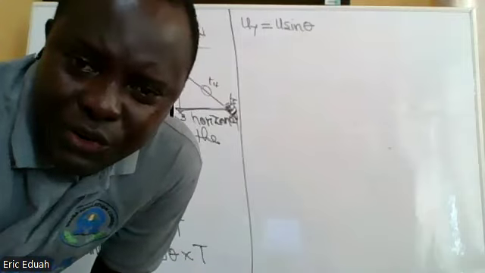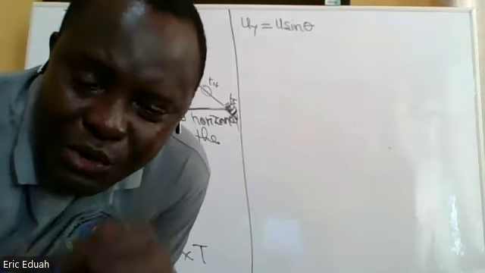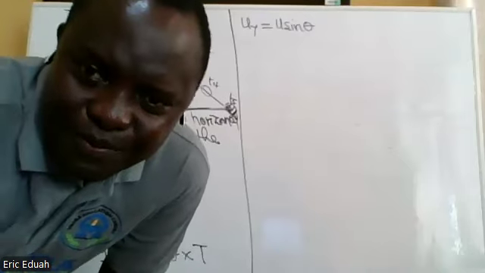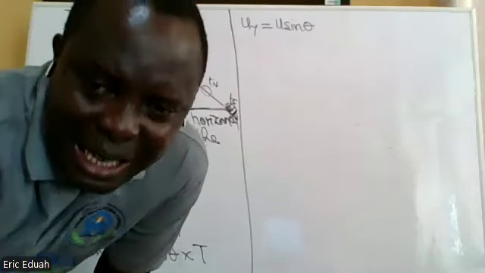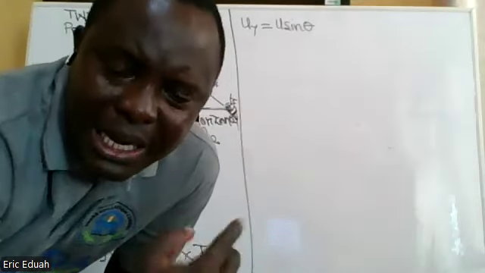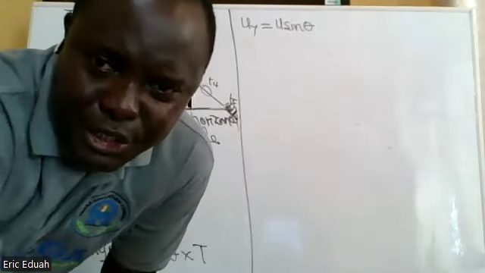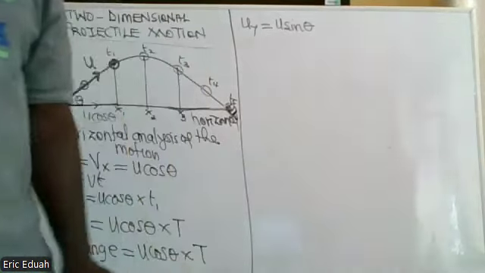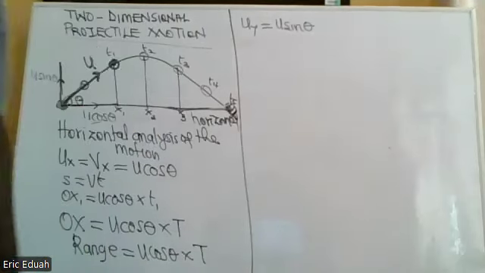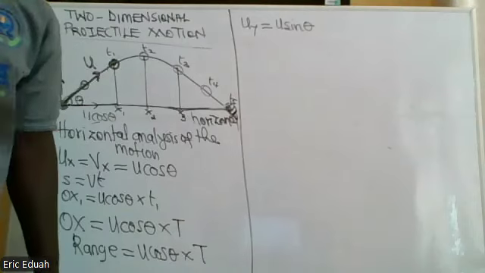The speed will decrease and it will come to a point where the speed is 0. As the ball's speed decreases with time as it goes up, that is what we term deceleration. So deceleration is the rate at which the speed or velocity of a body decreases with respect to time.